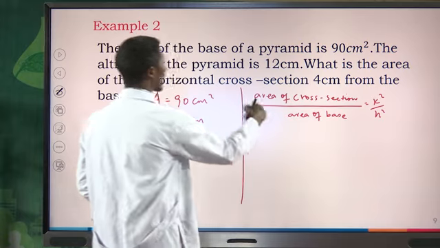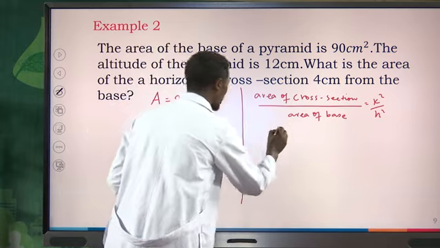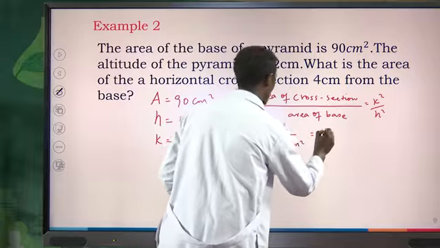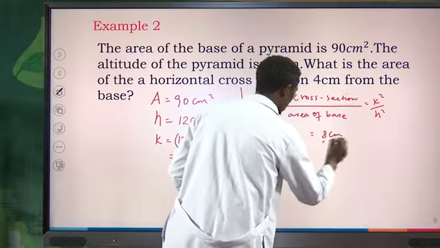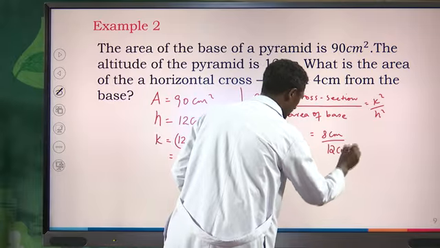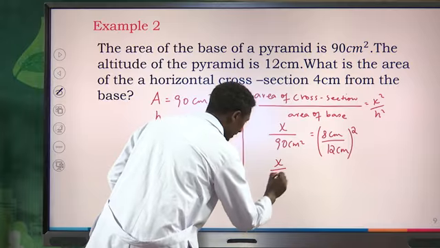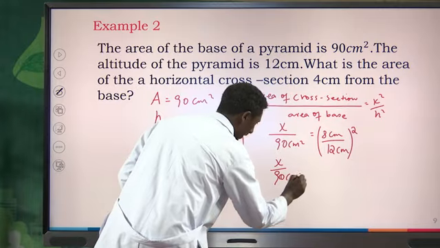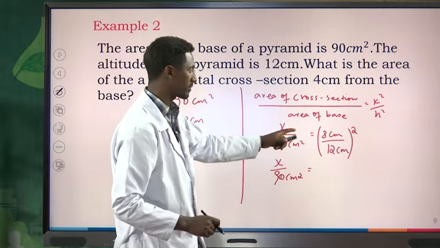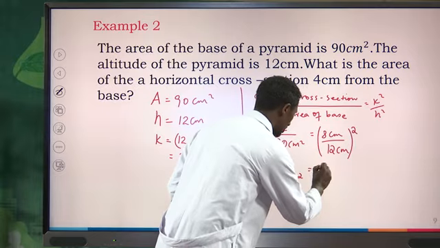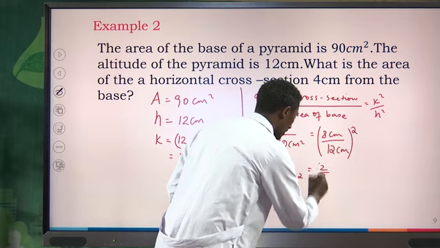Now, the area of the cross-sectional area, let's represent it by x for simplicity. X over the area of the base, 90 centimeter square, equals k, which is now 8 centimeter, over 12 centimeter, the whole square. Now x over 90 centimeter square equals, we can simplify before squaring, by 4 it is 2 over 3, 2 over 3 the whole square.